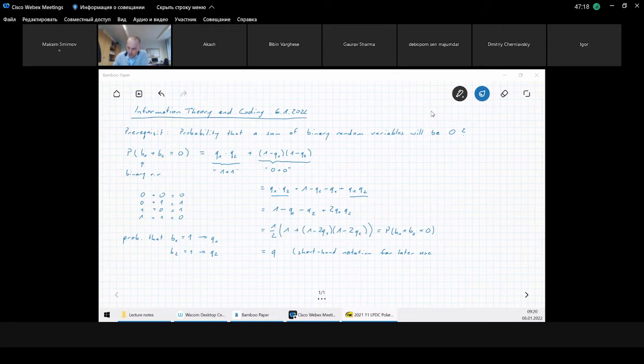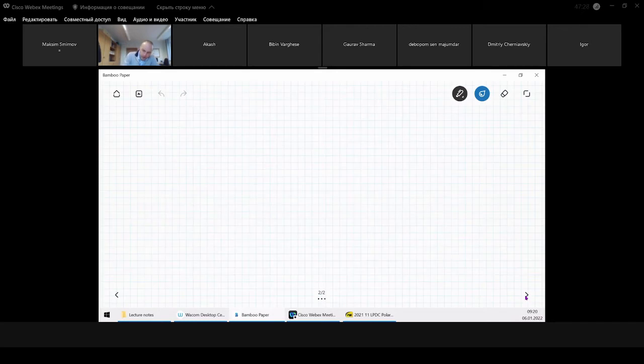And of course, it's straightforward to extend our example a little bit by asking what's the probability that the sum of three bits is 0.